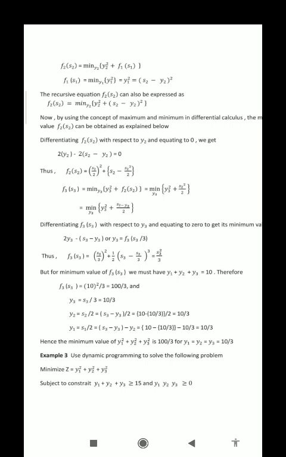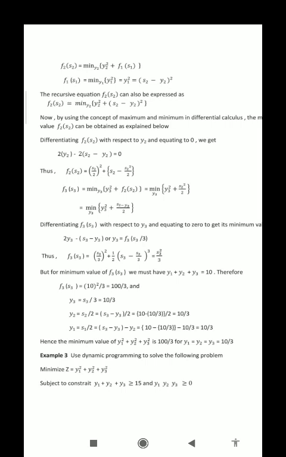Finally, we got the minimum of y3 square plus (s2 minus y2) by 2. Again, differentiating, we found that the optimal value or the minimum value of the third recursive equation is s3 squared by 3. But for the minimum value of f3 of s3, we must have y1 plus y2 plus y3 equal to 10.